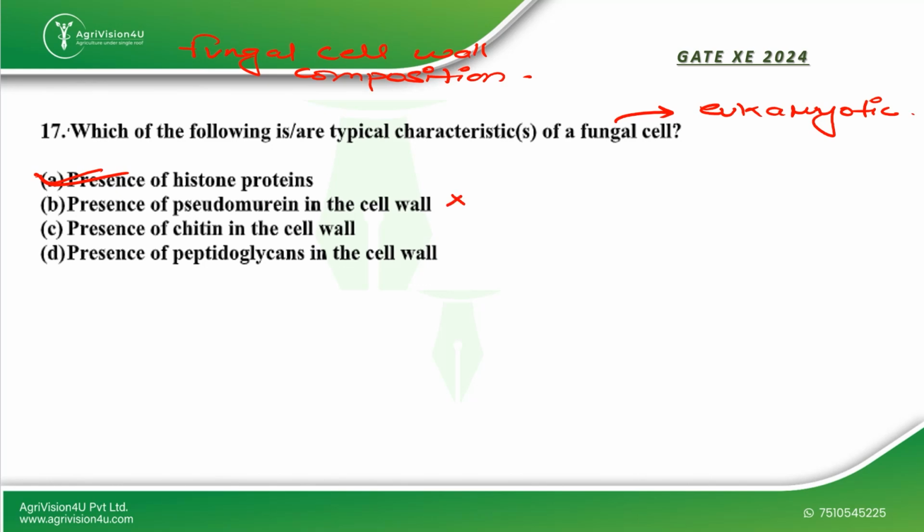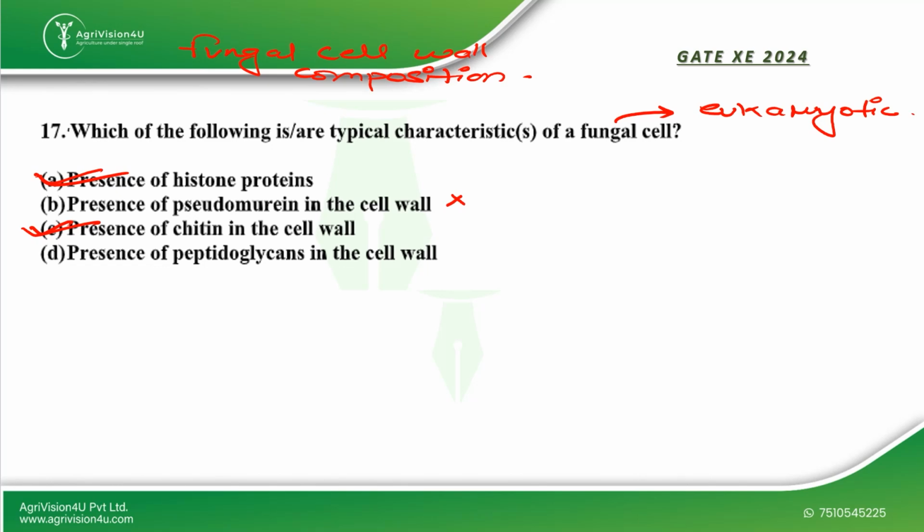Next, presence of chitin in the cell wall. Yes, this is true, because presence of chitin in the cell wall is a defining characteristic of a fungal cell. This chitin provides structural support to the fungus. Last one, presence of peptidoglycans in the cell wall.